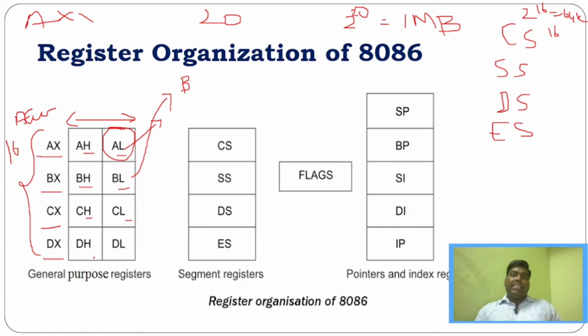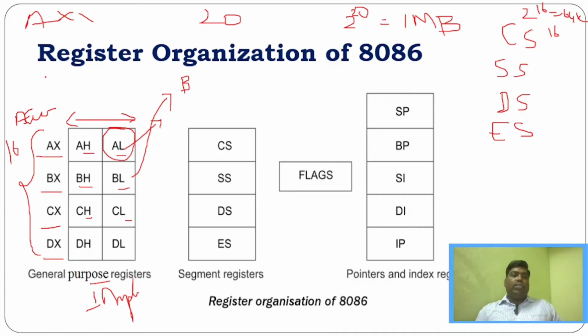And similarly this D register, which we call the default destination. What is default destination? This register can be used for implicit operations, implicit instructions, where we don't have the operand. So this can be used as a default destination.